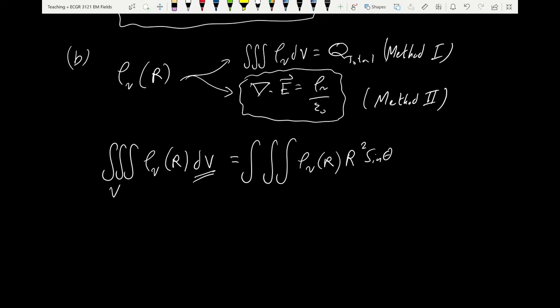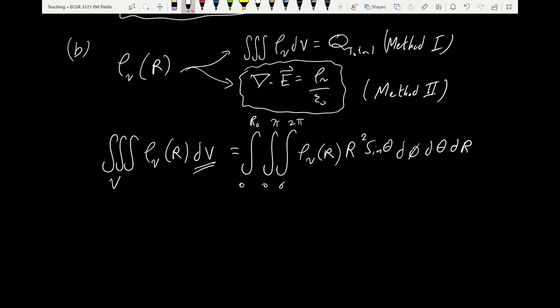Let me do d phi first, then d theta, then dr, because I follow the convention of matching the limits with the differential elements. So I start with phi. Phi goes from 0 to 2 pi. Theta goes from 0 to pi. This covers the whole sphere. And then r goes from 0 to r naught. R naught is the radius of the sphere.